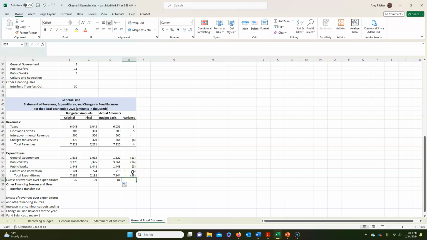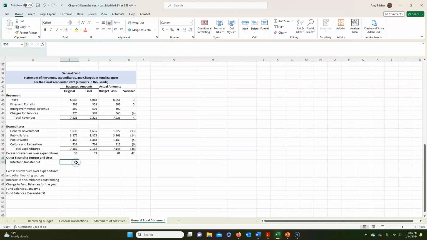And then we have here what's the difference between, so we have positive revenues and we spent $38 less than we had budgeted to spend, and so we have our $4 and we're going to do plus, so we had a $42 excess of revenues over expenditures. We then have that interfund transfer out, which was $50,000 and zero variance.